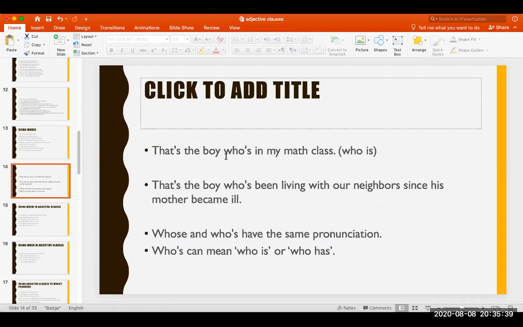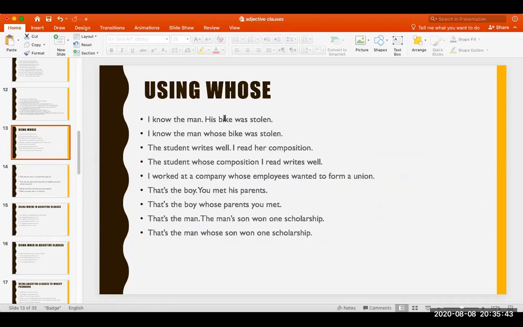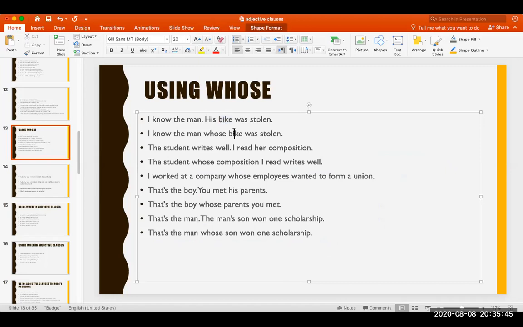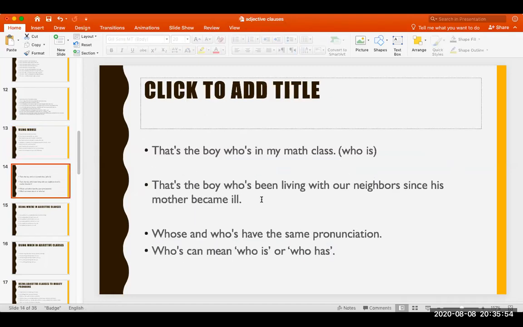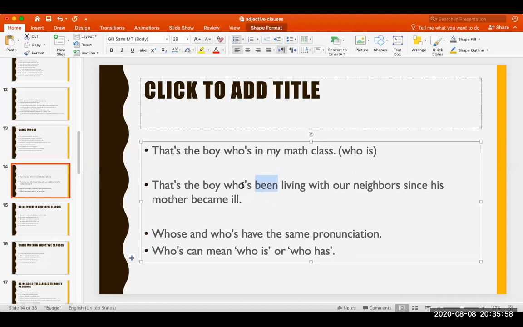But whose should be followed by a noun. Whose bike, whose composition, whose employees, whose parents, whose son, etc. That's the boy who's been living, because we have a past participle, this is has, who's been living with our neighbors since his mother became ill.